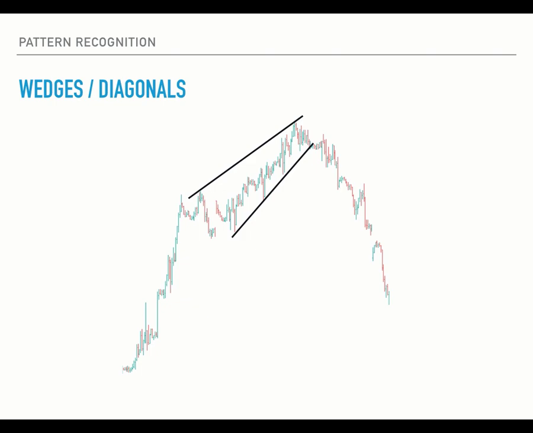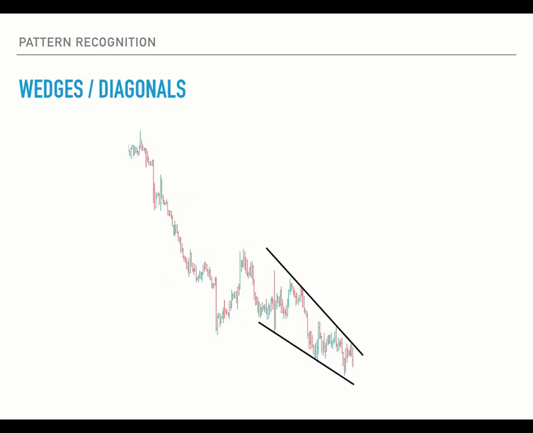Now, if I flip it the opposite, this is a falling wedge, or what some traders call a descending wedge. Elliott wave traders call it an ending diagonal. All good. So what do Elliott wave traders put in?